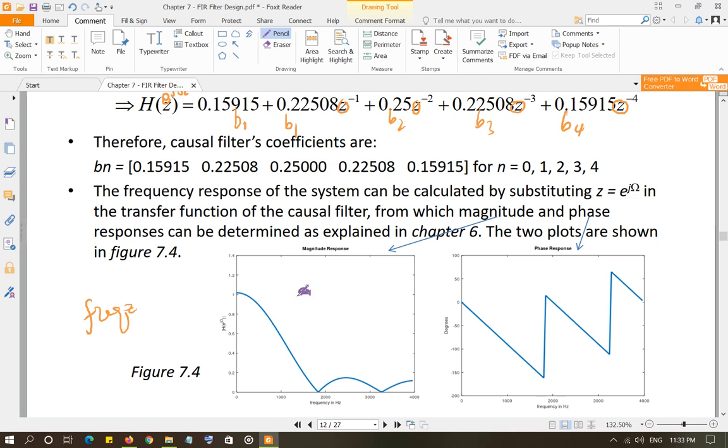So this is the magnitude response, and this is the phase response. Now observe these ripples, as we discussed towards the end of chapter number 6, and I showed you the ripples in the stop band and pass band. These are the ripples that you can see when you plot the response of the FIR filter or IIR filter in the next chapter.